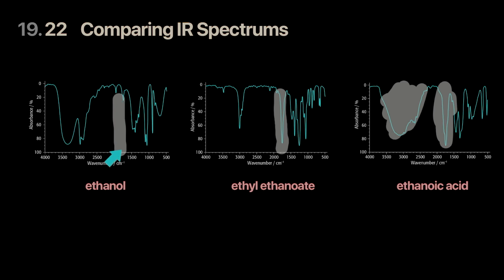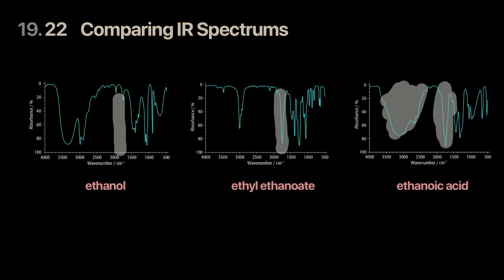You see that? At 1700, nothing was in ethanol. So if I had to figure, I would say that this does not have a C double bond O, so it's neither an aldehyde, ketone, acid, or ester. This is definitely an acid. And this fellow could be an aldehyde, ketone, carboxylic acid, or ester. All right? That's all I could determine.